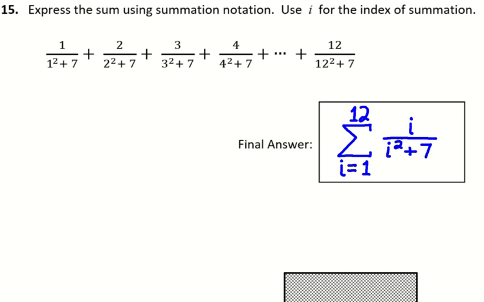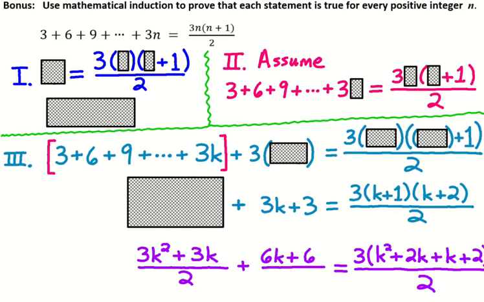You have to understand sigma notation, forwards and backwards. Ooh, a bonus question. Bonus question. Mathematical induction. Step 1 is the base case, so on the left side, the first case would only be the 3.